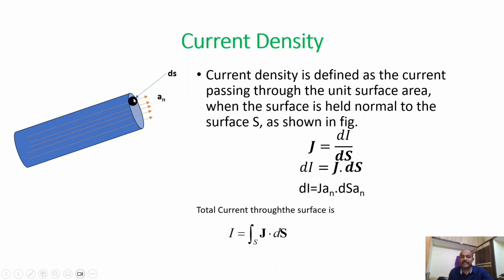The relation between current density, which I denote as j, and the current I is I equals surface integral of j dot ds. We have defined what is current, we have defined what is current density. With the help of this relation, let us define one important equation called the continuity equation.